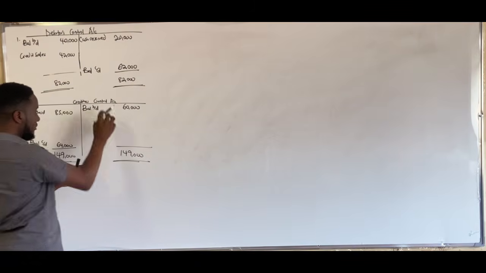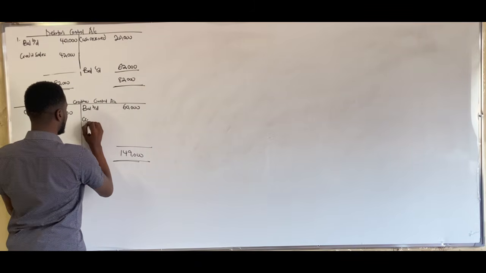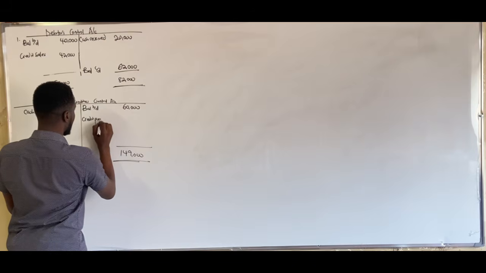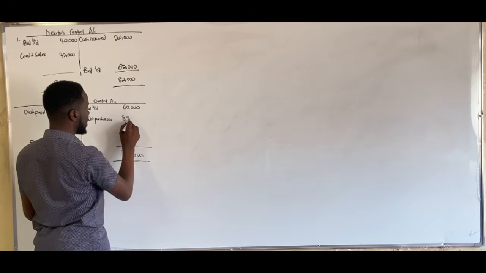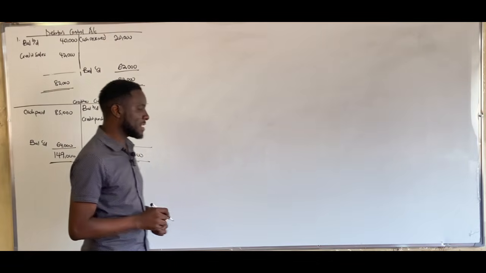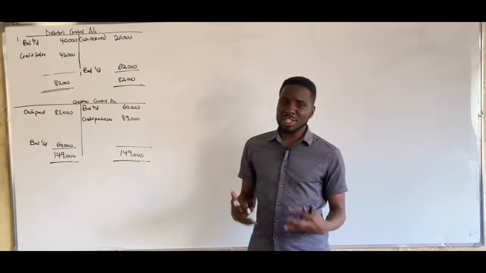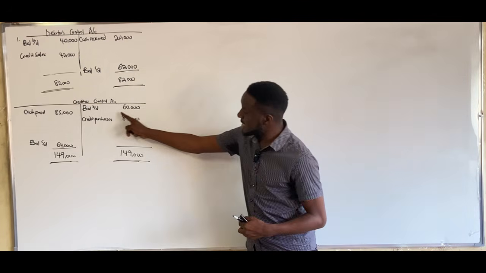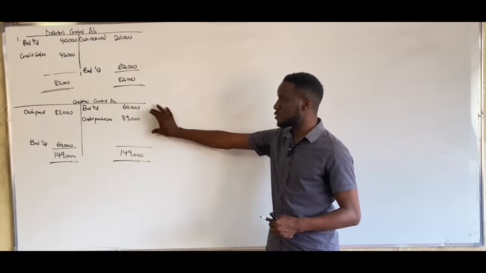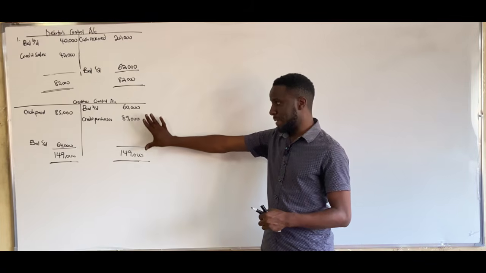Therefore, the difference now, as our credit purchases, is going to be 89,000. So these are the credit purchases. Now, in the question, we didn't have cash purchases, meaning that this 89,000 is the total we are going to take as our credit purchases.